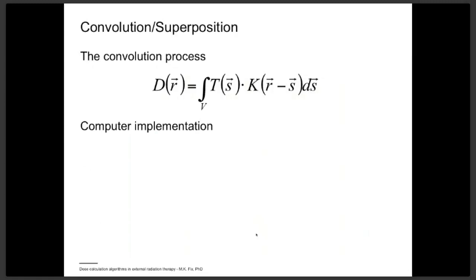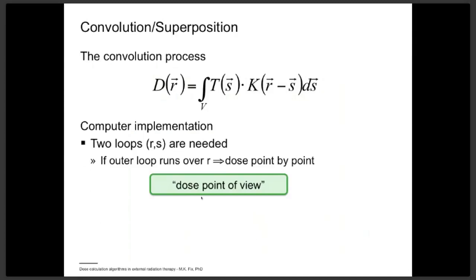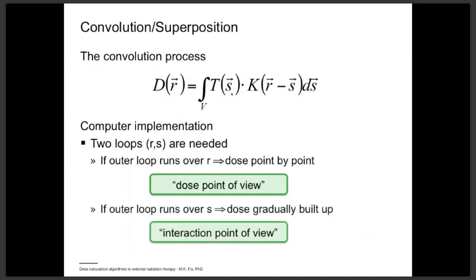There are two ways of implementation, and different implementations of commercial dose calculation algorithms differ in this respect. The one is the dose point of view. So you loop over the point R where you want to calculate the dose and cover in each of those the contribution of all points S. Or you take the interaction point of view, where you sit on each interaction point and look at which R you contribute a certain amount of dose.